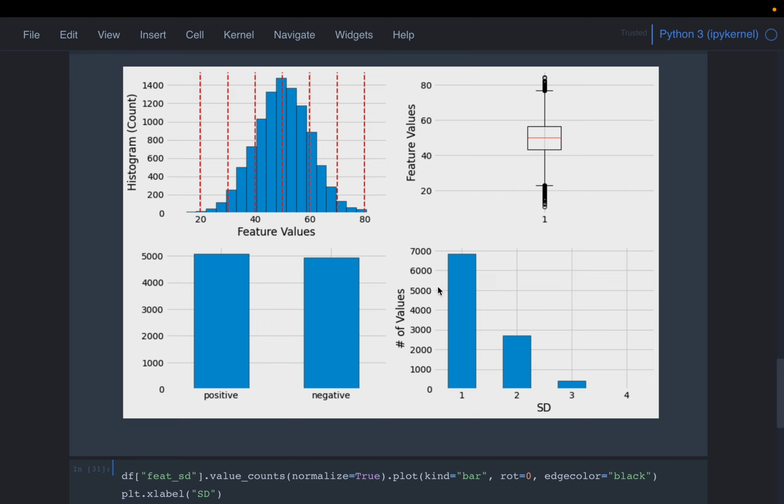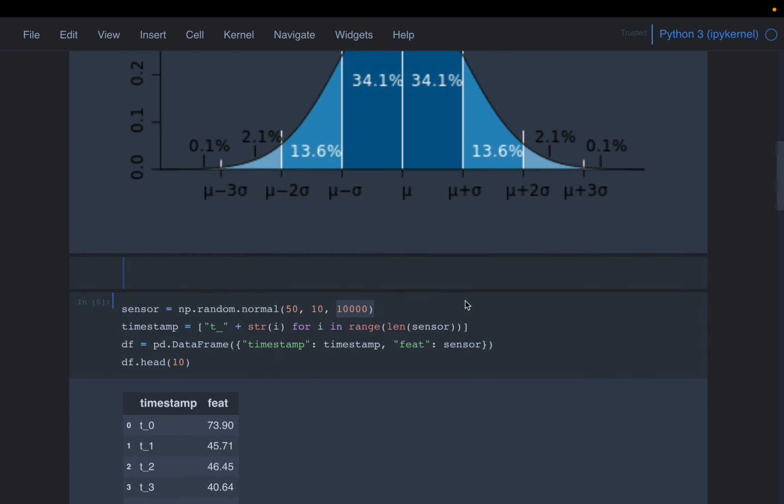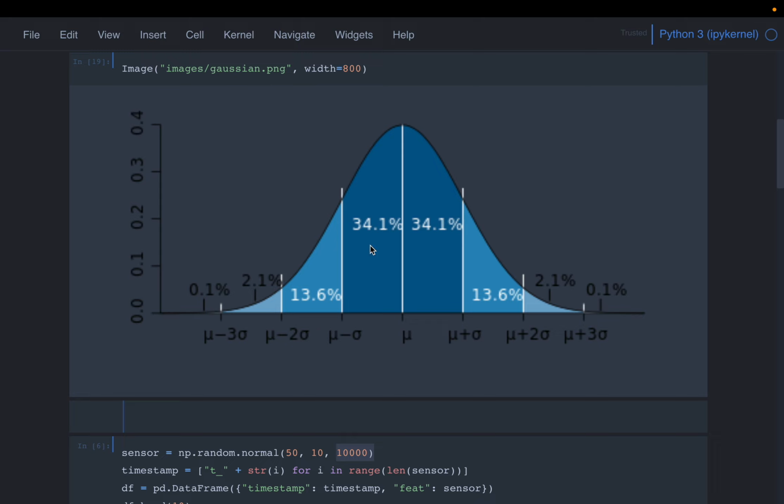Now the actual feature transformation we are doing with this Gaussian binning is this one. We are computing how many values are how many standard deviations away. Out of those 10,000 values, about 6,800 values are within 1 sigma standard deviation. So out of the 10,000 values we generated, 6,800 values are in this dark bluish area.